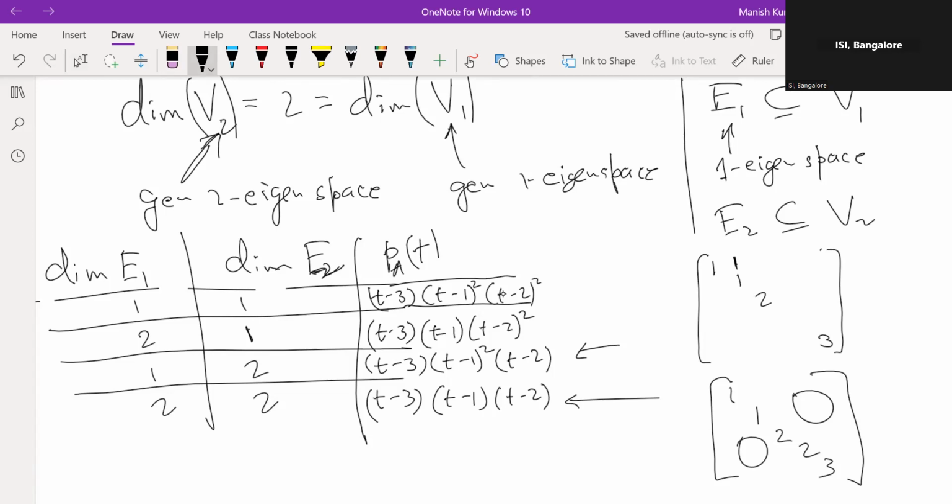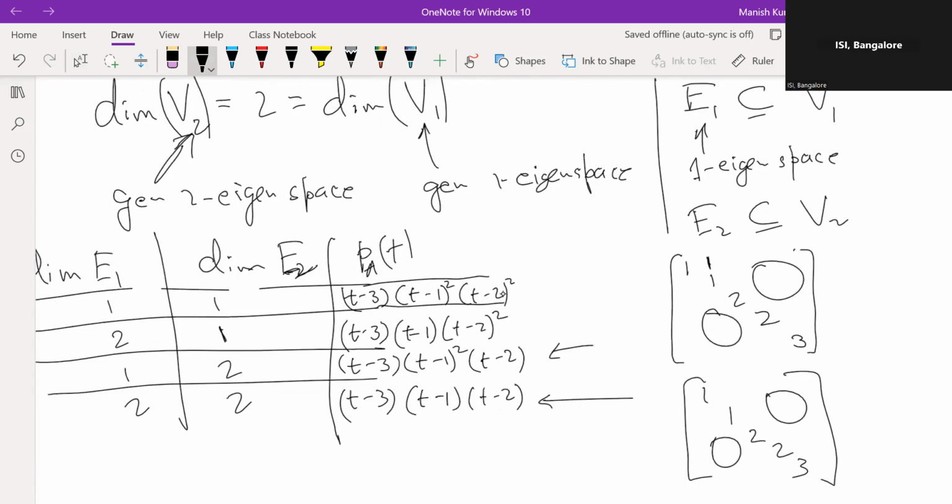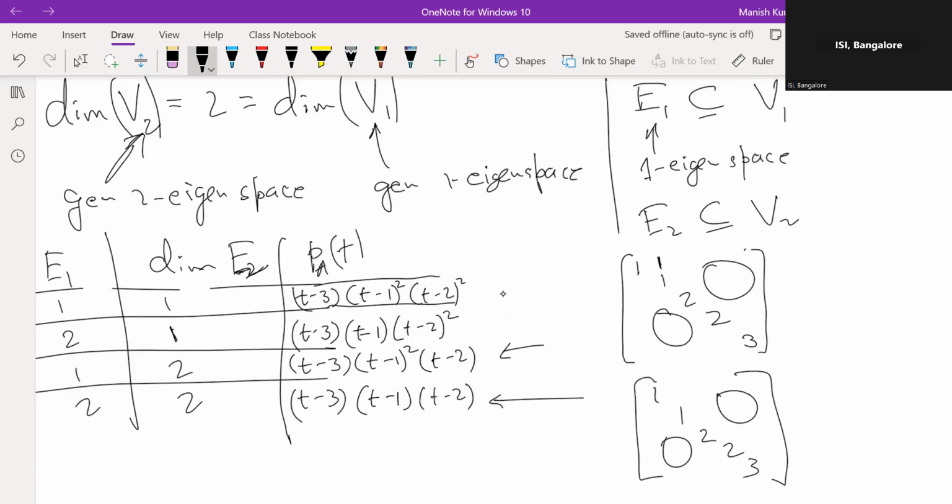So you can take any basis of E2, and it will give you this. What you'll have to do is take any non-zero 3 eigenvector, and take 2 linearly independent 2 eigenvectors, which you can do because E2 has dimension 2.